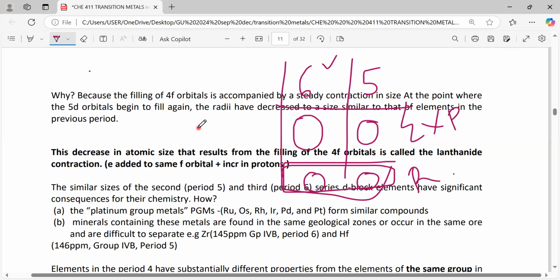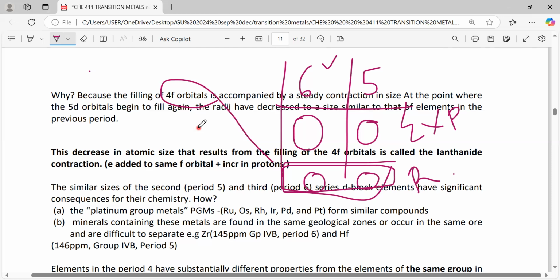Why is the reality like that? It's because when you are in period 6, you start filling the 4f orbitals, and when you're filling the 4f orbitals, contraction is happening. The atom is shrinking and shrinking, such that by the time you start to fill the 5d orbitals, it has shrunk so much that filling the 5d orbitals does not make its size increase.